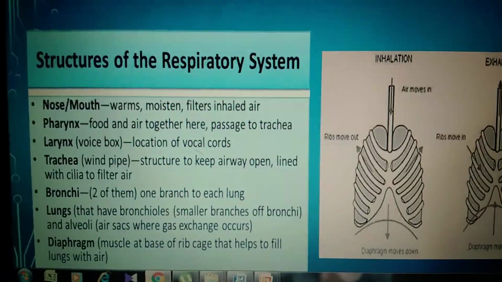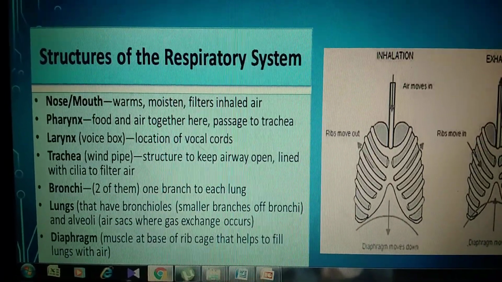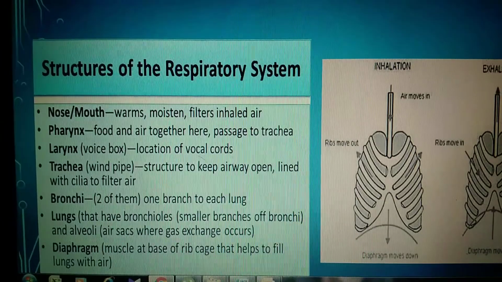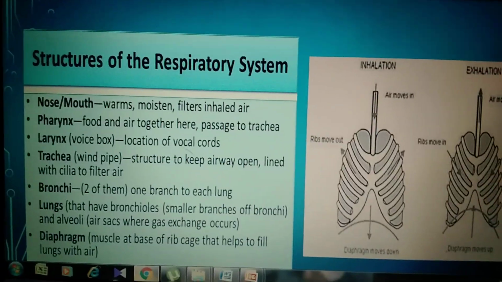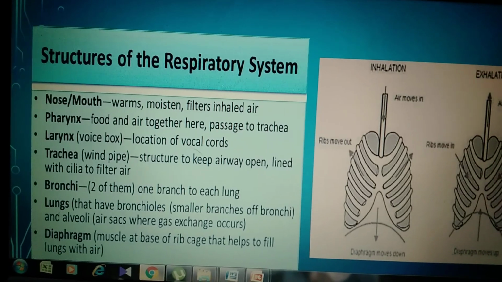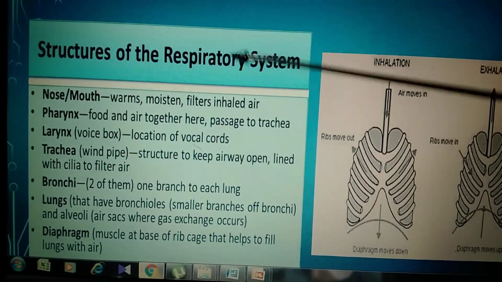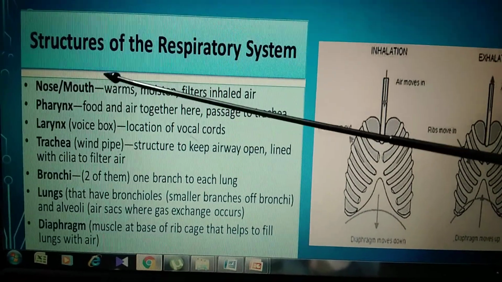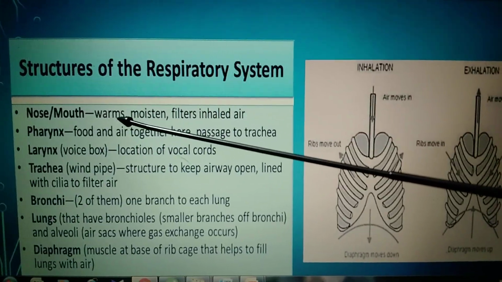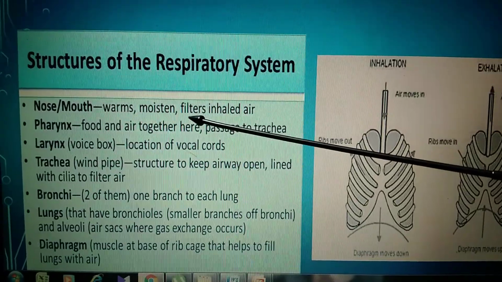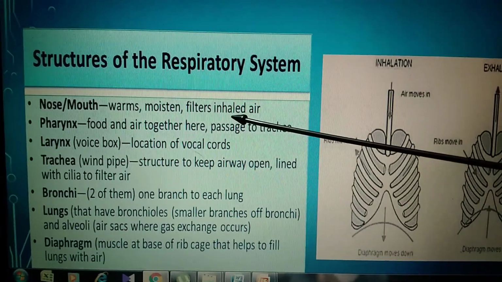Before starting with the types of cellular respiration, let's have a look at the structure of the respiratory system. In the respiratory system, the organs that are involved are the nose or mouth. This organ is going to warm, moisten and filter the inhaled air.